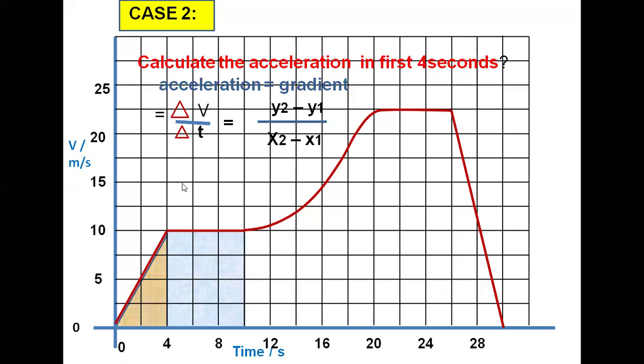So what is y2? 10. y1 is 0 because the graph is passing through the origin. 10 minus 0 over 4 minus 0. So the answer is 2.5 meter per second square. This is the acceleration during the first 4 seconds.